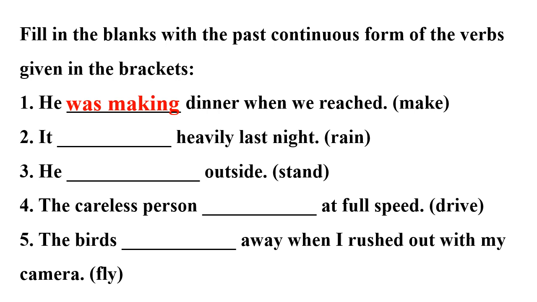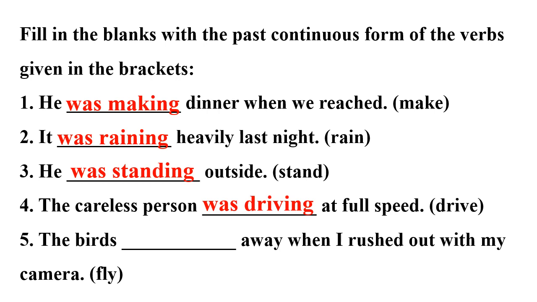It dash heavily last night. Again, it is a third person singular subject. So we use the helping verb was, and with the verb rain given in the bracket, we add ing. It was raining heavily last night. He was standing outside. The careless person was driving at full speed. But look at the fifth sentence here.